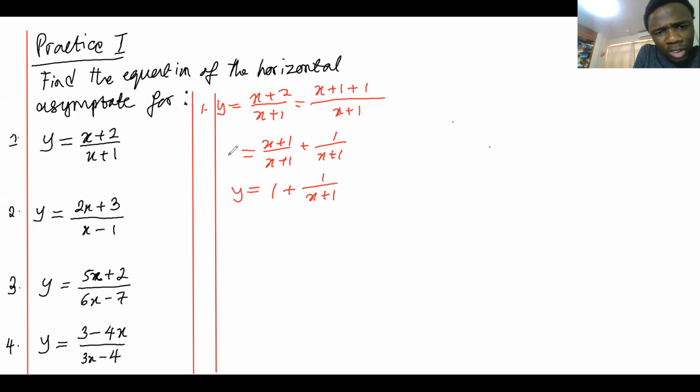So this is still your y. Right now that I have written it in this form, as x tends to infinity, this part tends to 0. So that's why we say y tends to 1 plus 0, which is 1.